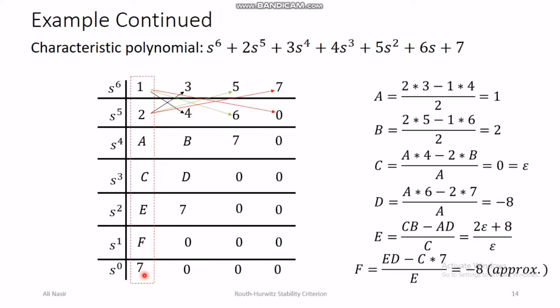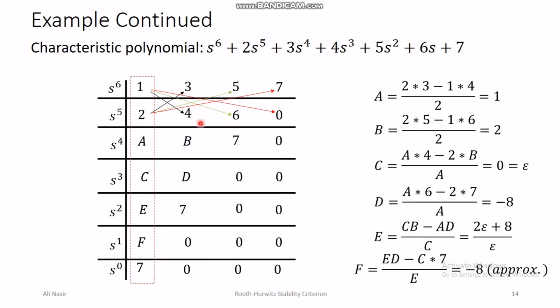Two sign changes means that this polynomial has a total of 6 poles, among which 2 poles are in the right half plane and the remaining 4 poles are in the open left half plane. This is the result that we get from the Routh-Hurwitz criterion. Again, the criterion requires all the coefficients and all the determinants to be of the same sign. If F were a positive number, then this whole column would be positive, and we would conclude that all 6 poles are in the open left half plane and the system is asymptotically stable.